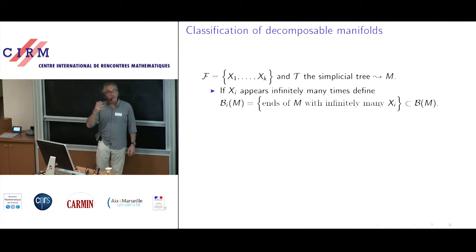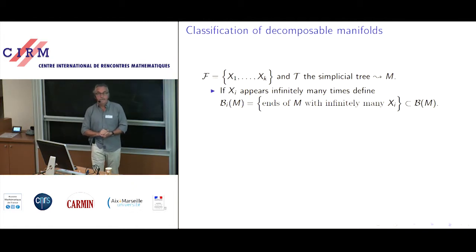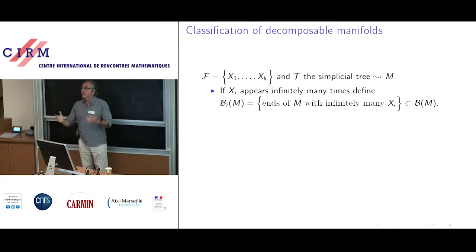So you collect all these ends, and for xi, you call the collection of these ends Bi(M). Well, the space of ends is a Cantor set again. It's a very famous and old result. So Bi(M) is a Cantor set.